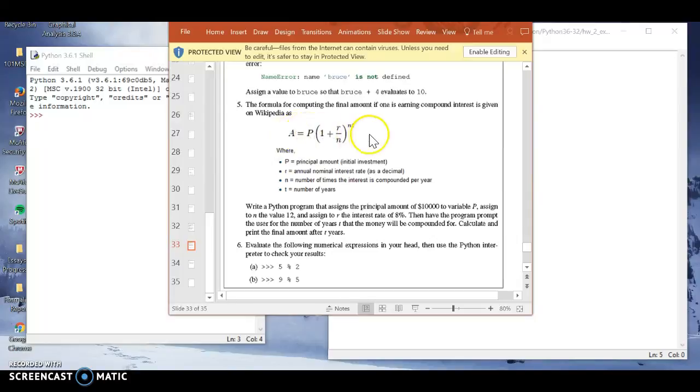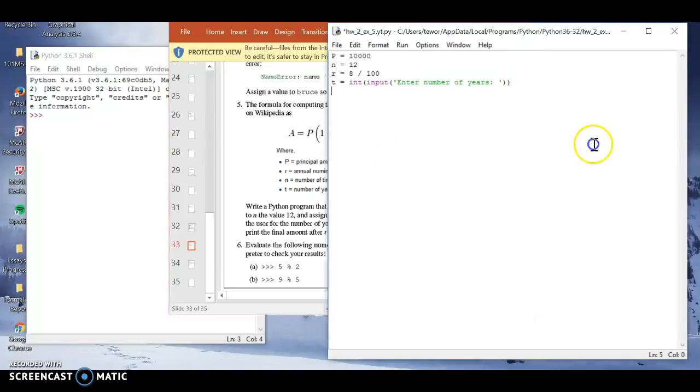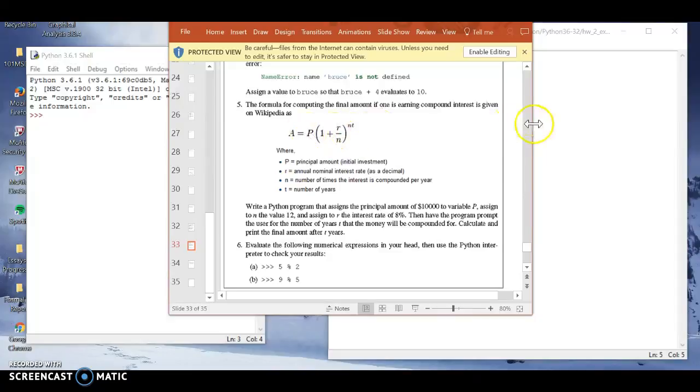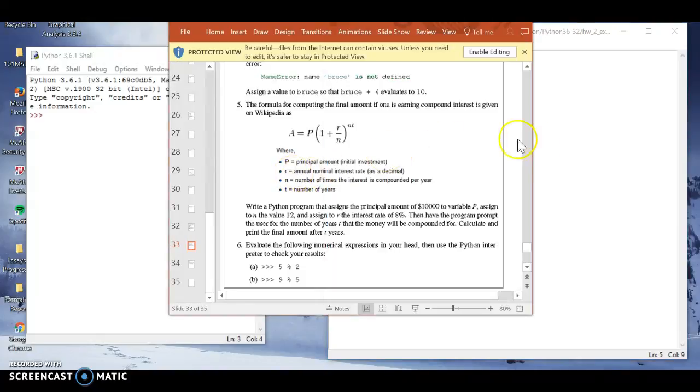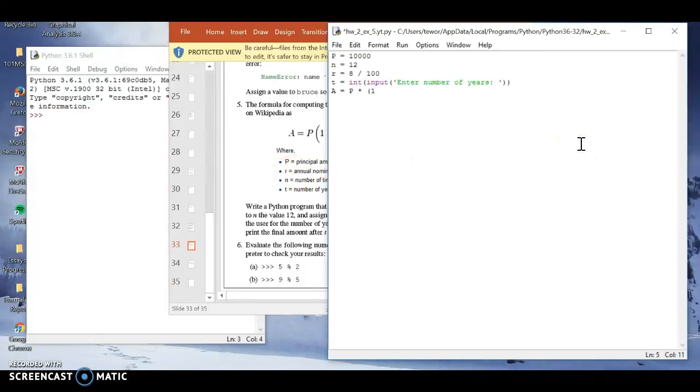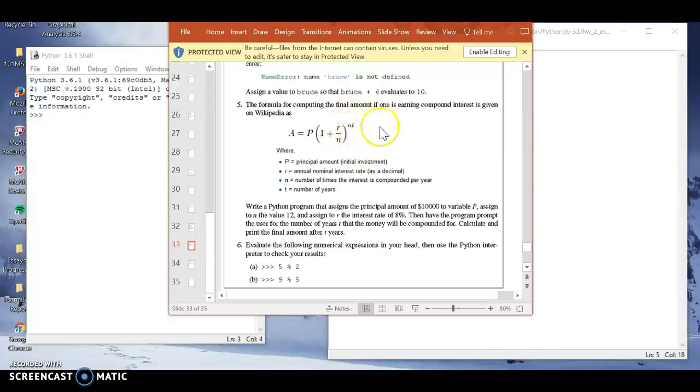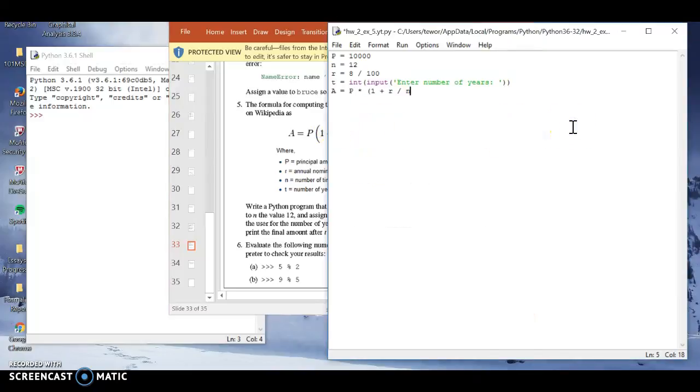We have to input the formula, and the formula is capital A, case sensitive, equals capital P, but we can't just put the parentheses sign. We have to put the multiplication sign first. Multiplication by, and then it says 1 plus r over n, and then it says to the power of nt, which is an exponential.